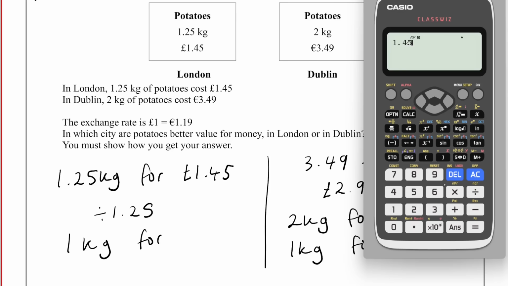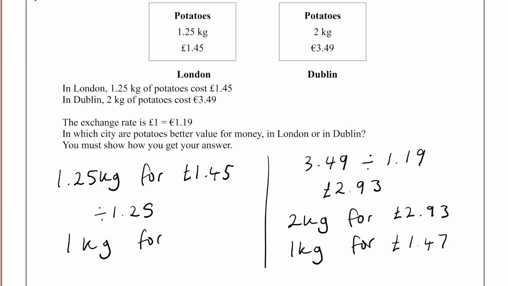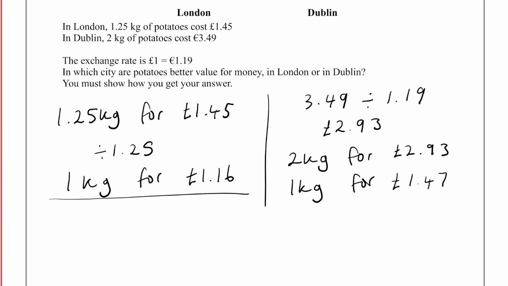So 1.45 divided by 1.25 is £1.16. So we can get 1 kilogram for £1.16 in London. It's 1 kilogram for £1.47 in Dublin. So London is cheaper.